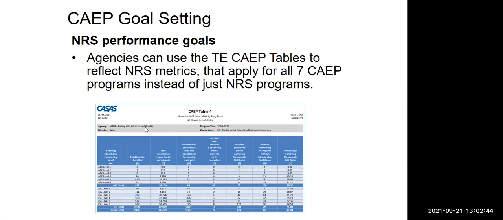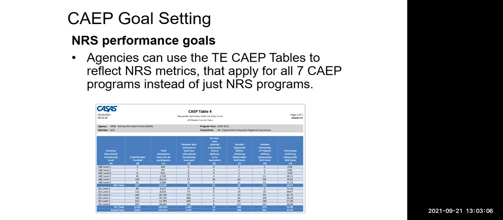So back to the feature presentation, you can run tables 1 through 4 in your CAEP tables, formatted exactly like NRS, but incorporating all your CAEP students from programs like CTE and workforce prep that, if you run it the NRS way, obviously have a 0% chance of showing up.